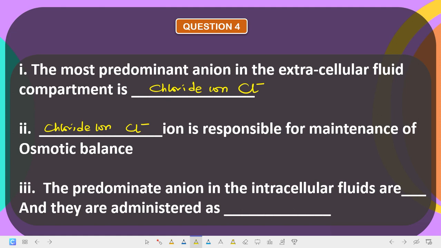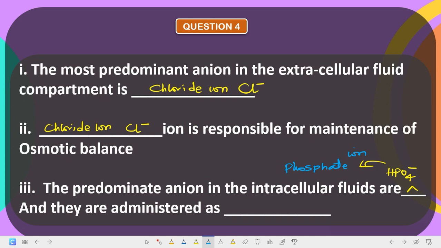The predominant anion in the intracellular fluid is the phosphate ion, which you can write as HPO4 minus, or simply as the phosphate ion. The predominant anion in the intracellular fluid compartment is the phosphate.